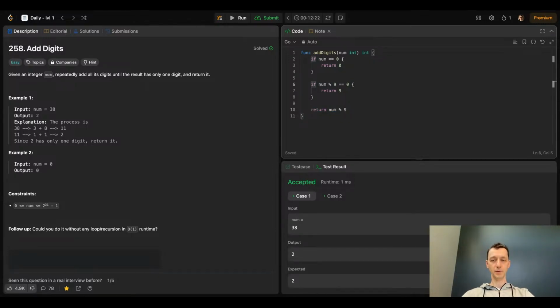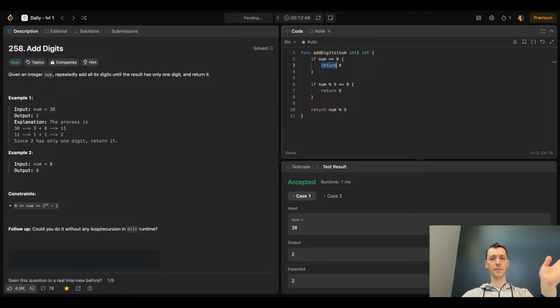And there are a couple of special cases. If it's evenly divided by 9, then the answer is 9, not 0, because 90 would give you the remainder 0, but it's 9 instead of 0. And if it's a 0, the answer is 0.